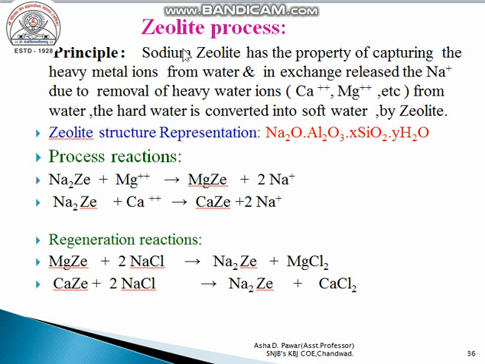So before the process, what exactly is zeolite? Zeolites are metal aluminosilicates. It is a complex mixture of soda, alumina and silica. It is available in a fine powder form. There are generally two types of zeolite, natural and synthetic zeolite.